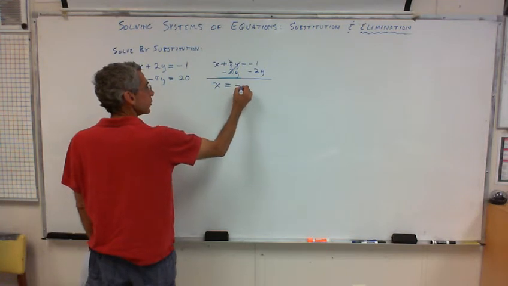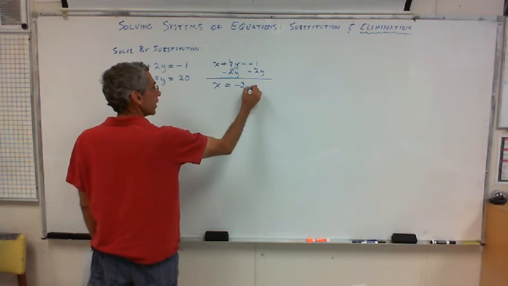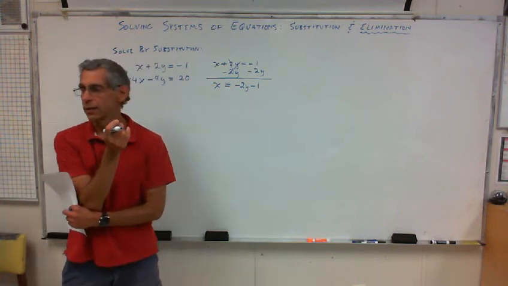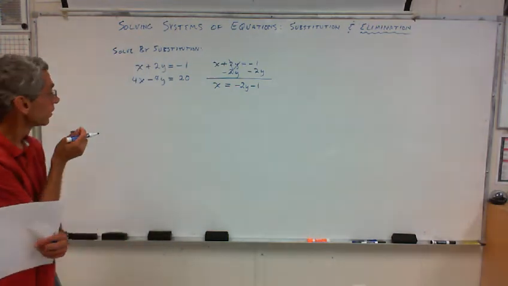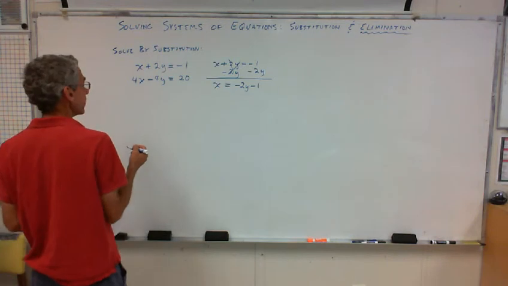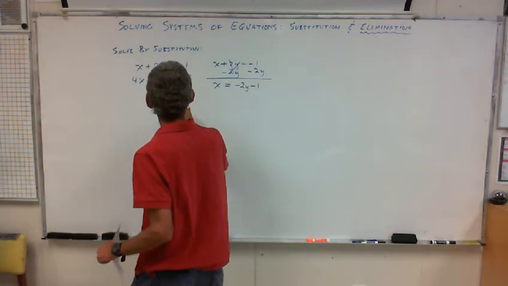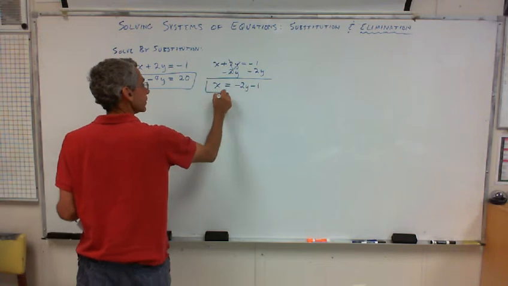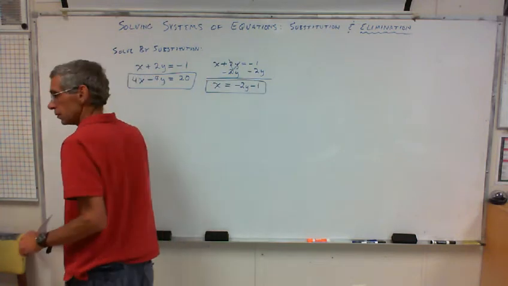I like to put the variable first, personally. Negative 2y minus 1. That's how you usually see it, although some books don't do that. It doesn't really matter, but that's what I like to do. And then now I have two equations. I have this equation, and I have this equation. Does that make sense?